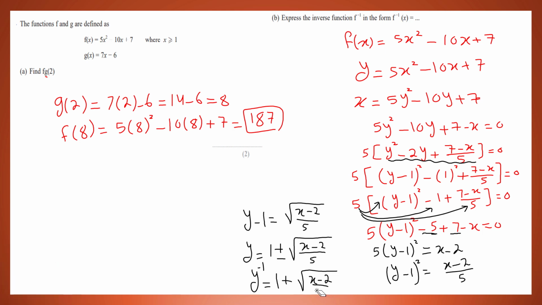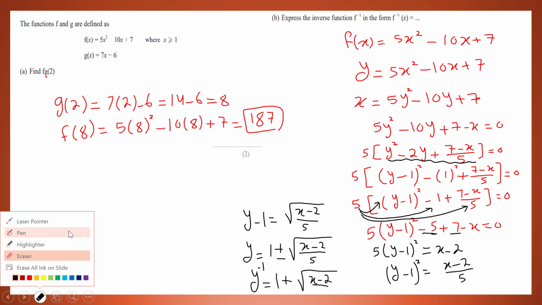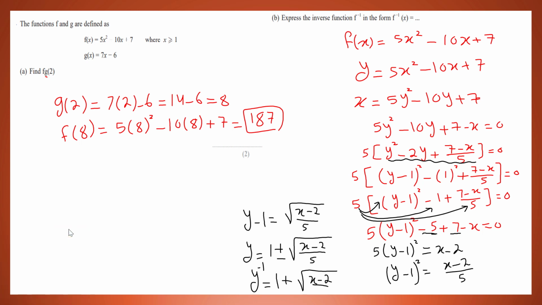This is the inverse of the function y, or the function f. So the final form of the inverse can be written here as 1 plus the square root of x minus 2 all over 5. This is the answer.